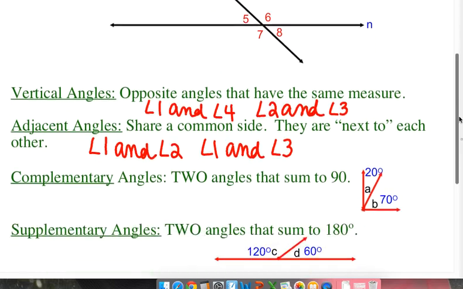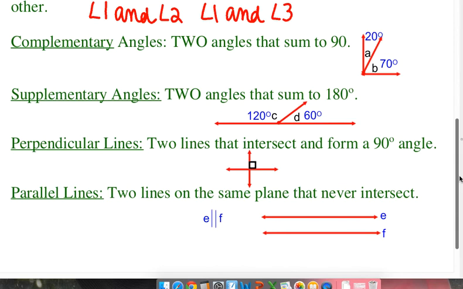The next concept or definition is for what is a complementary angle. Now, you have worked with complementary angles before, probably for sure in 6th grade, for sure in 7th grade, maybe even before that. Complementary angles are two angles, it has to be two angles, that have a sum of 90 degrees.